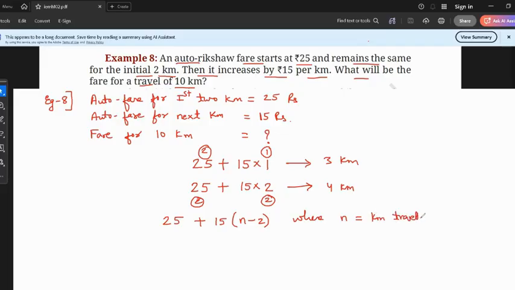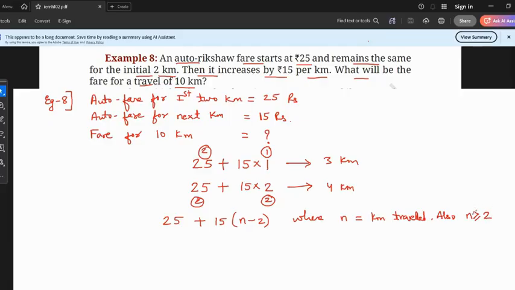How many kilometer you traveled? You write here: where n is equal to kilometer traveled, also the value of n must be greater than or equal to 2.